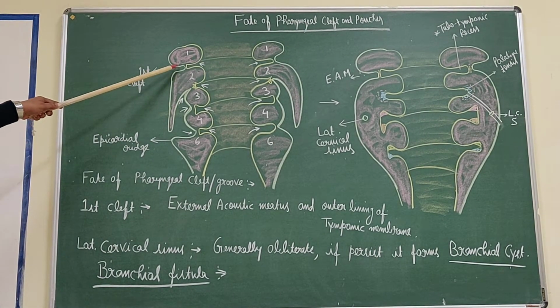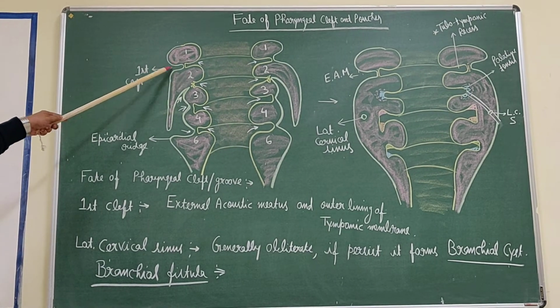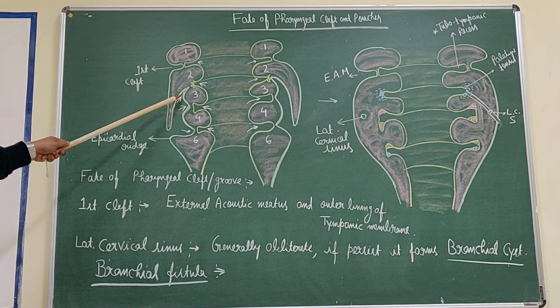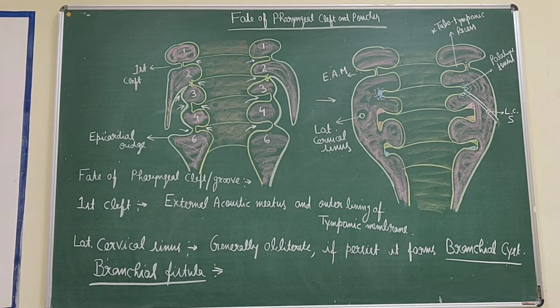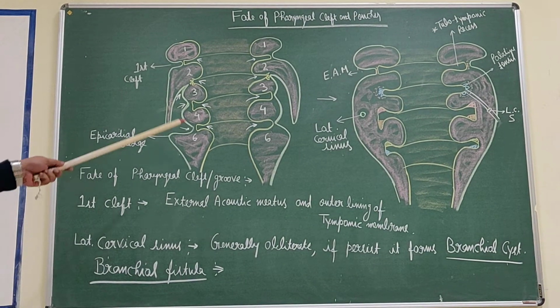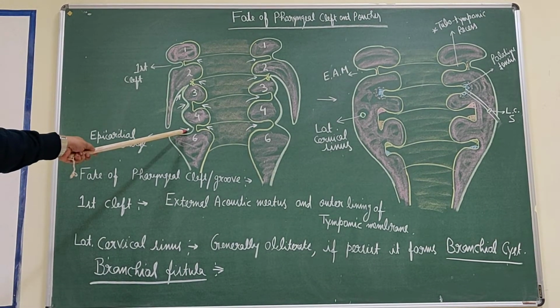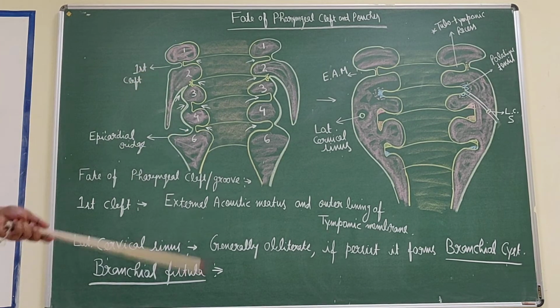These clefts are 4 in number. Between the first and the second arch, this is the first cleft, then the second, third and the fourth cleft. What are the pharyngeal clefts? These pharyngeal clefts are depressions on the surface ectoderm between the adjacent arches.